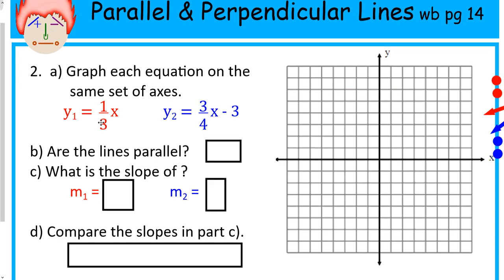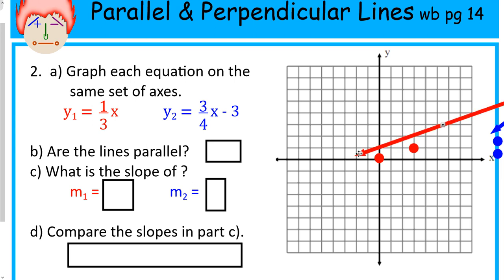Let's do another one. This equation is y equals 1/3 x. There's no number being added at the end, which means it has a y-intercept of 0. So you're starting at 0, 0, and you're using the slope to get your second point. Our slope is 1 over 3, so up 1, over to the right 3.